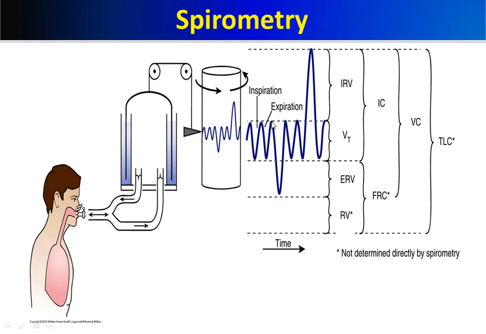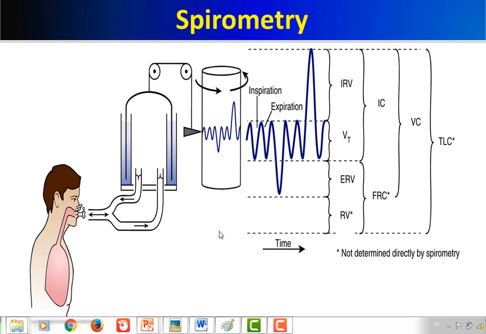The air which gets out during forced expiration includes the tidal volume, and this subject can expire an additional volume of air which is known as the expiratory reserve volume. So the expiratory reserve volume is the volume of air which can be expired further using forced expiration.